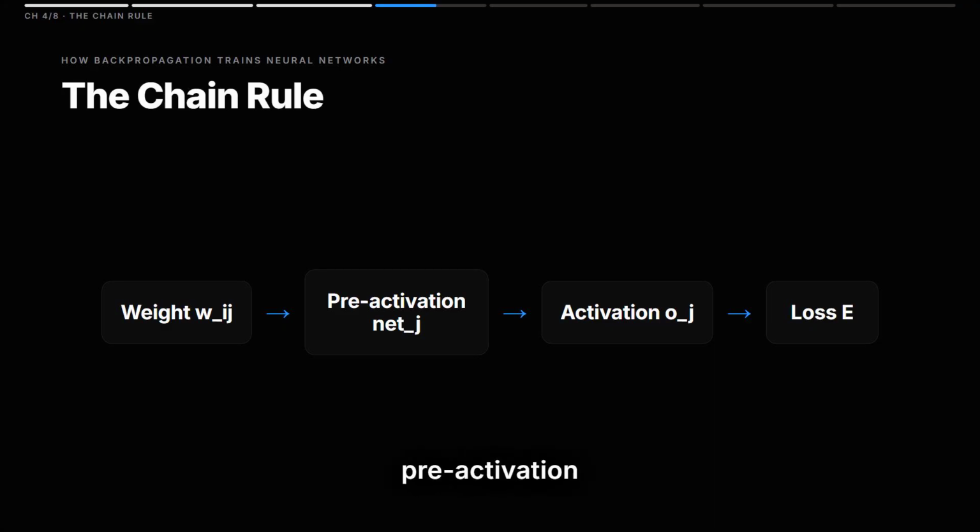The partial of the pre-activation sum with respect to the weight turns out to be simply the activation value feeding in from neuron I. The other two terms, the partial of the loss with respect to the neuron output, times the partial of the output with respect to the pre-activation sum, together define the error signal, called delta, at neuron J. Delta is the quantity that backpropagation propagates layer by layer across the entire network.